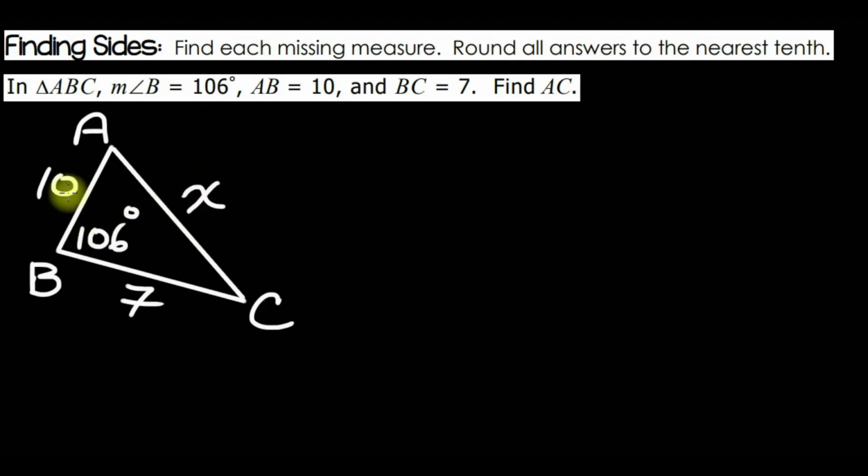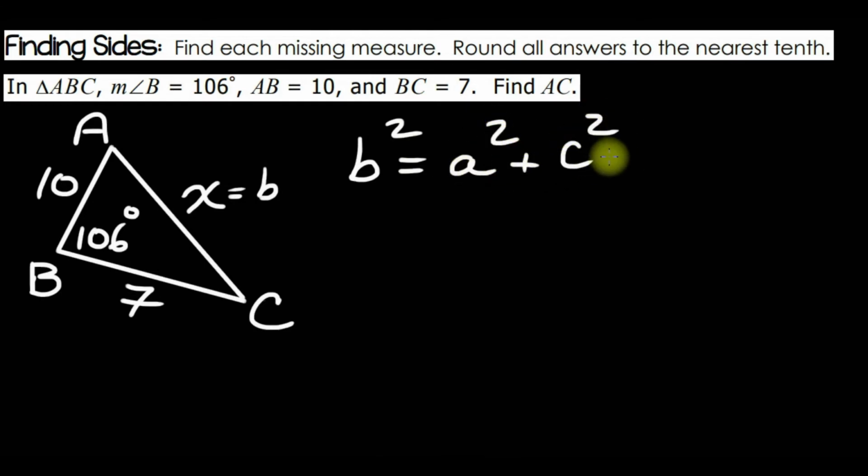So here we're given side angle side, so we can use the formula for the law of cosines to find the missing side. We're looking for side B, so x is the same as side B. The formula to find side B is b squared is a squared plus c squared take away 2ac times cosine angle B.